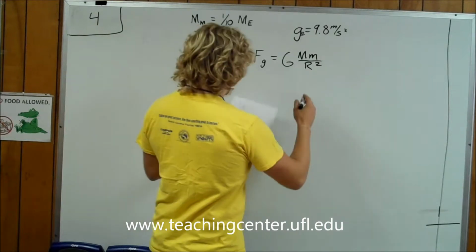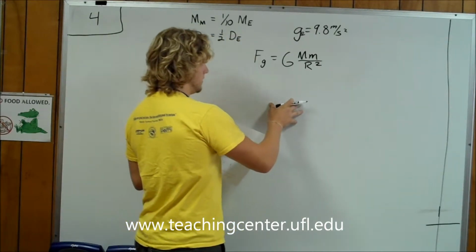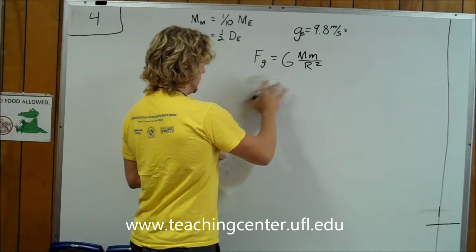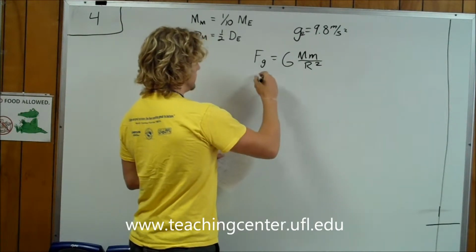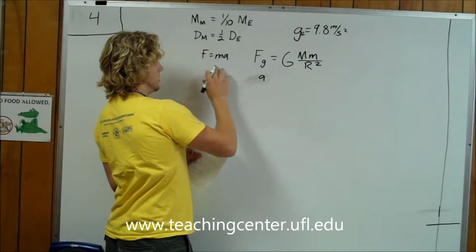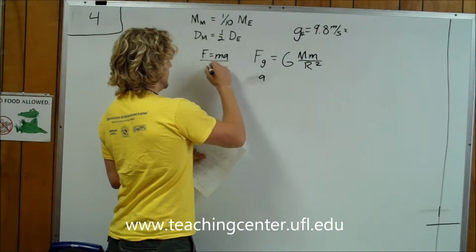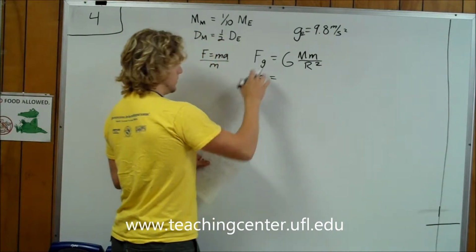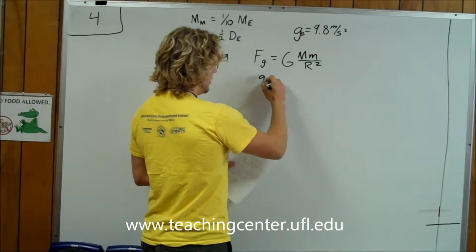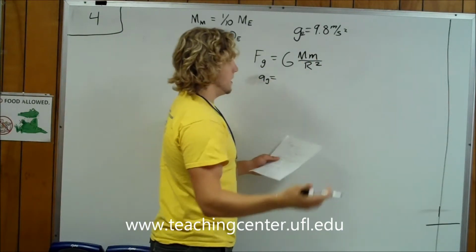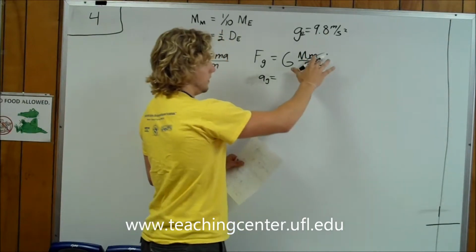So if we want to find what the acceleration is, we also know that F is equal to ma, so to find a, we divide everything by m. So that means that to find the acceleration due to gravity, we divide everything by that mass.